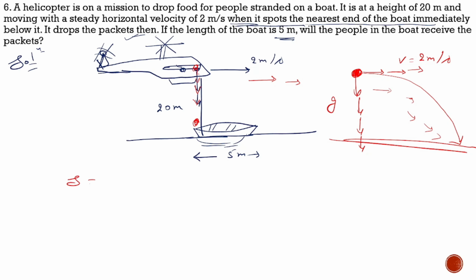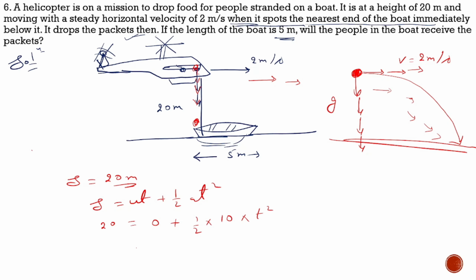The distance was 20 meters from the boat to the helicopter. So what was the time taken? Let us take the second equation again. S is equal to ut plus half at square. S was 20 meters, ut was 0, half into a, that is 10, into t square.